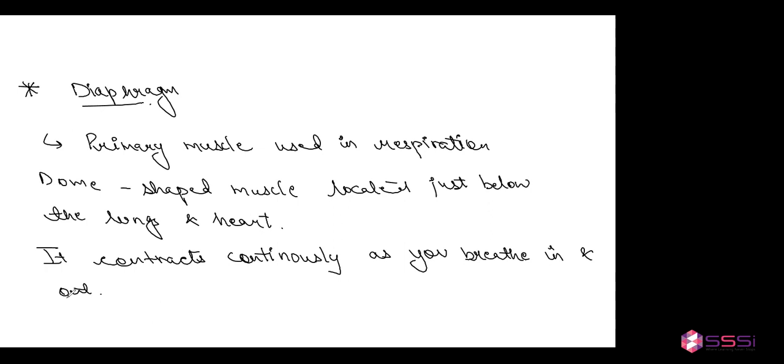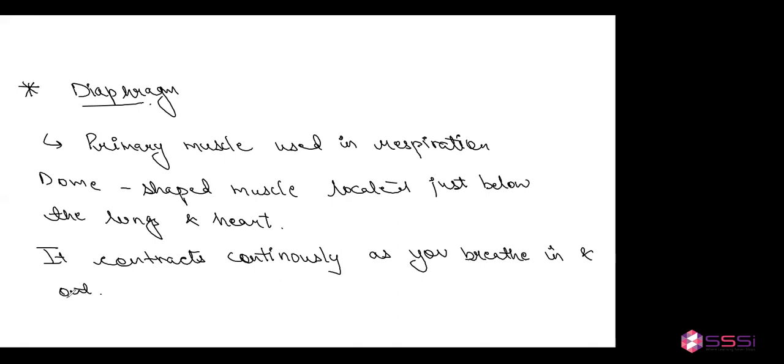Okay, so it also has some non-respiratory functions as well. The diaphragm increases the abdominal pressure to help the body get rid of vomit and urine, and it also places pressure on the esophagus to prevent acid reflux.